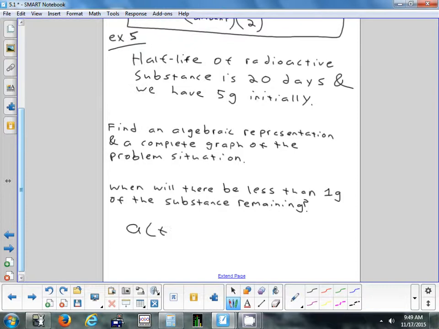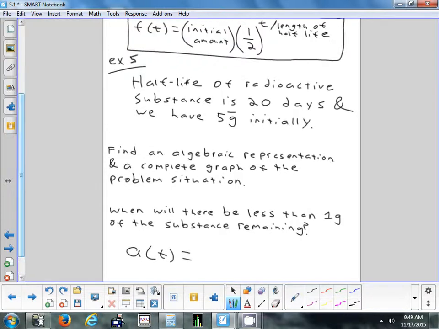Okay, so my amount as a function of time. Take the initial amount. Okay, I'm starting out with 5 grams times a 1/2 to the t. And what's the length of the time for it to cut itself in half here? Half-life is 20 days.